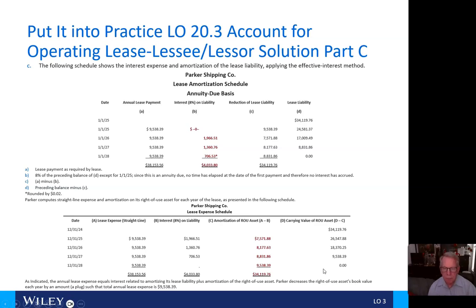So as indicated, the annual lease expense equals the interest related to amortizing its lease liability plus amortization of the right-of-use asset. Parker decreases the right-of-use asset's book value each year by an amount, a plug, such that the total annual lease expense is $9,538.39.